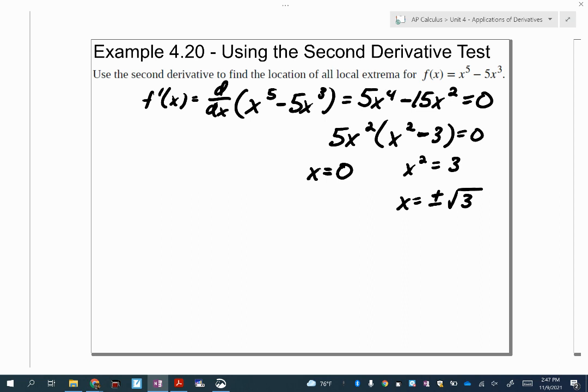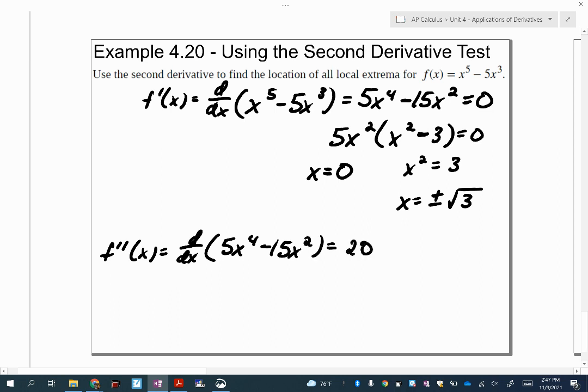So I'm going to find the second derivative now, which is d/dx of 5x to the fourth power minus 15x squared, which is 20x cubed minus 30x to the first power.